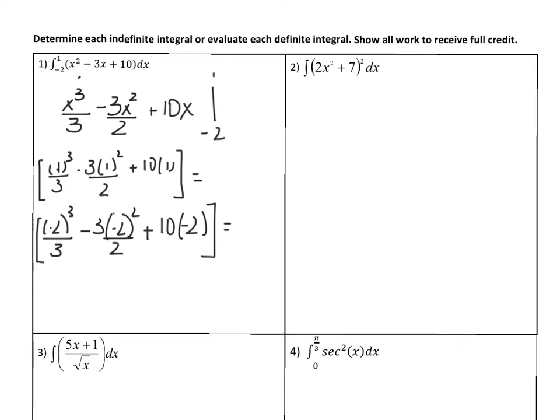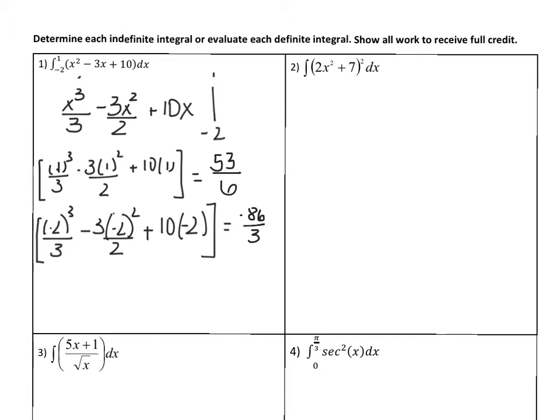Okay, after typing it into my calculator, the first answer was 53 over 6. And after typing in the second part in my calculator, I got negative 86 over 3.